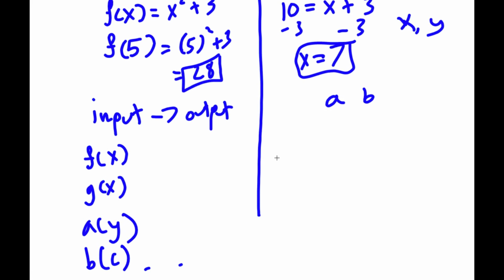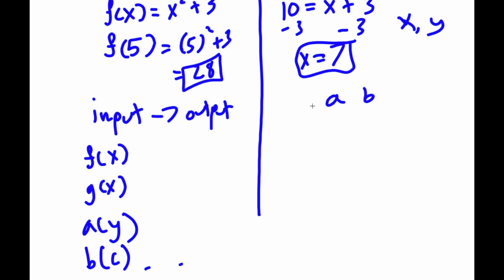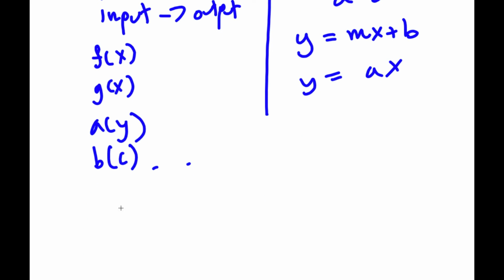Now, for graphing, these two are really similar. For graphing an equation, this is usually given in slope-intercept form, y is equal to something. I've just said mx plus b, but y is equal to ax, something like that. And for functions, this is f of x is equal to something.